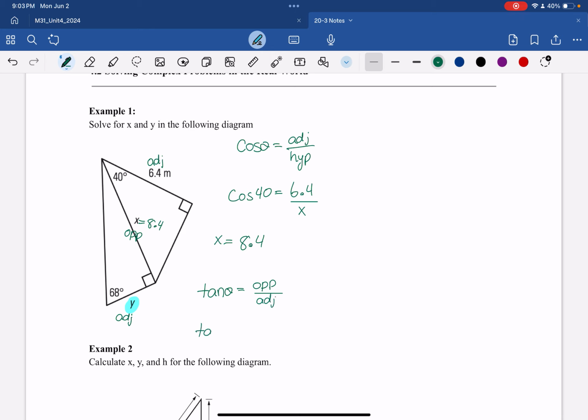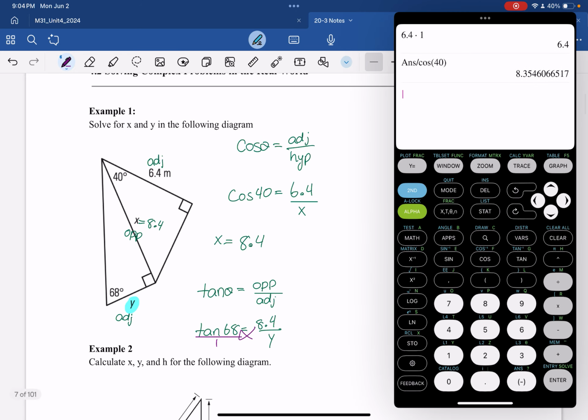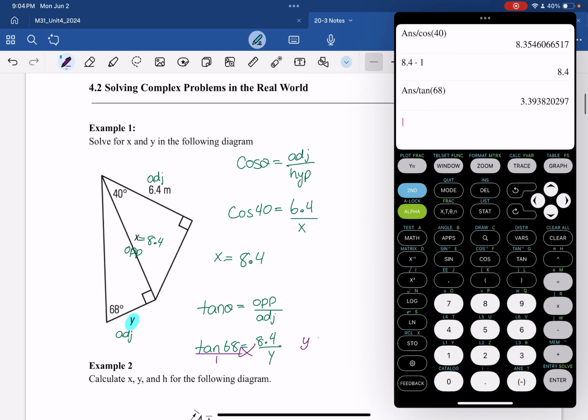So tan of 68 equals 8.4 over y. If I solve for y, I'm going to take 8.4 times 1 divided by tan of 68. So then y is equal to 3.4.